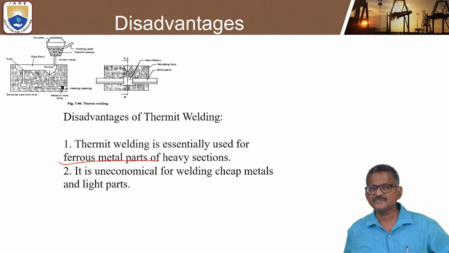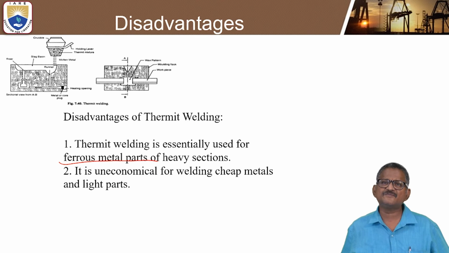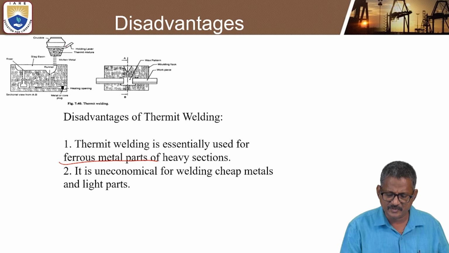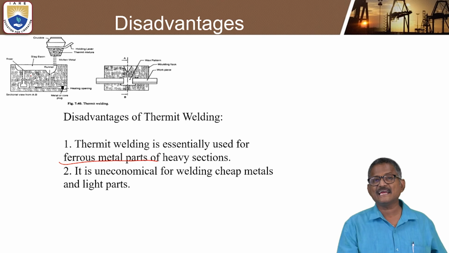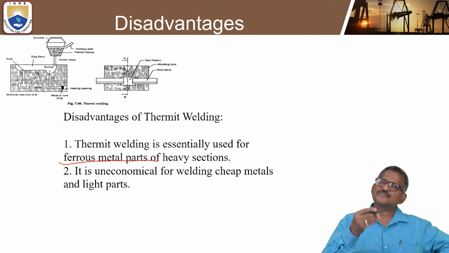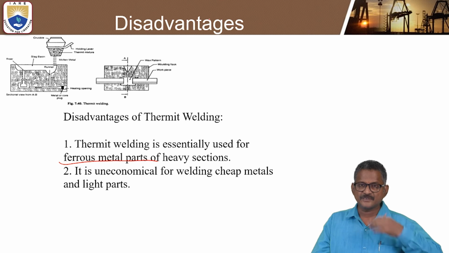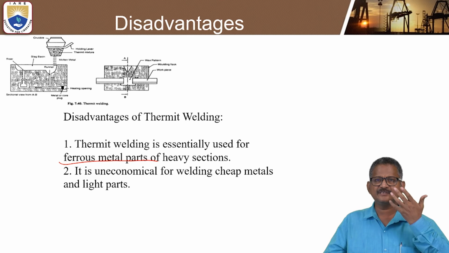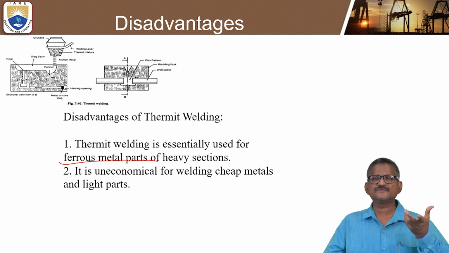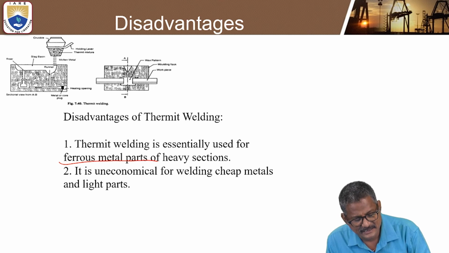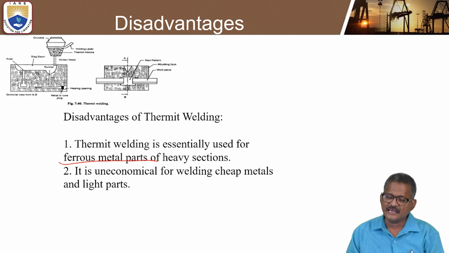And coming to the disadvantages, you can see the setup, how this will be. This is a crucible, and what is the slag basin, some extra oxide forms and all will be separated. Thermite welding is essentially used for the ferrous metals of heavy sections, and it is also very uneconomical.